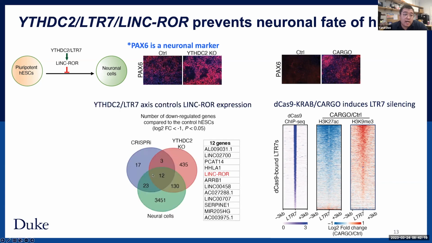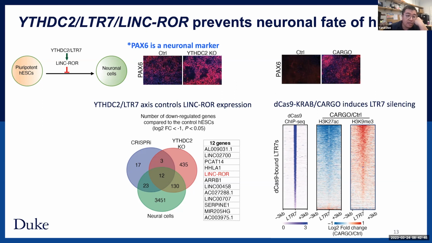differentiation. Next, Tongyu was trying to identify the target genes that are responsible for the LTR7 and YTHDC2 phenotype. So he analyzed the RNA-seq data that we generated from YTHDC2 knockout, LTR7 CRISPRi, and neuronal cells that are differentiated from human ES cells.